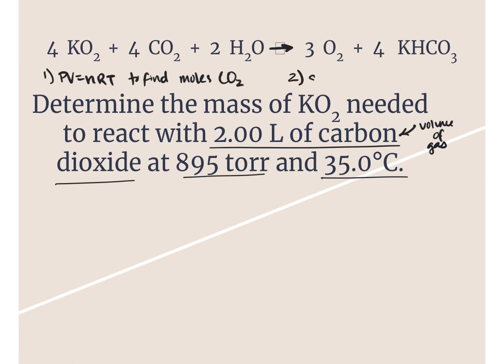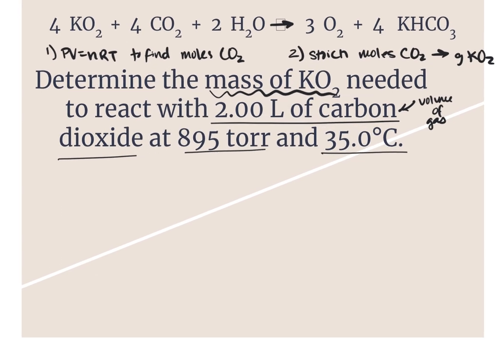Then I'm going to do stoichiometry to go from moles of CO2 and convert that into grams of KO2, which is what I'm being asked to find up here. So I'm going to break this down into these two steps and set them up below.